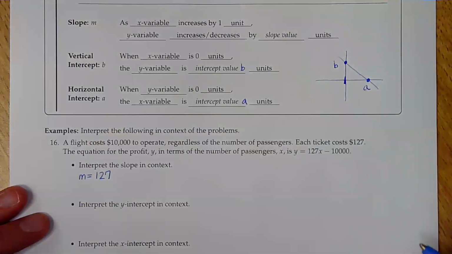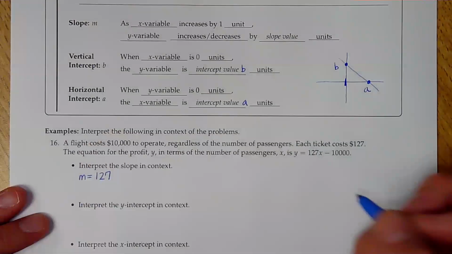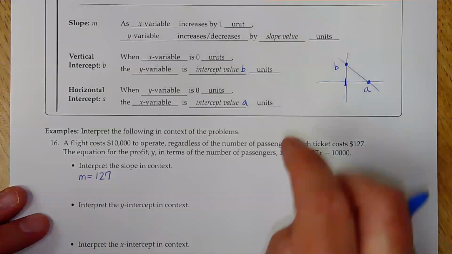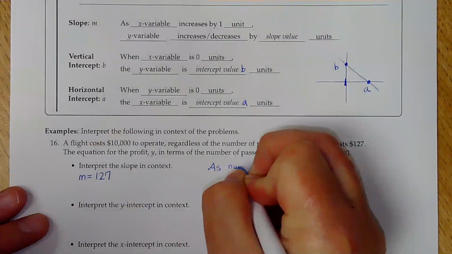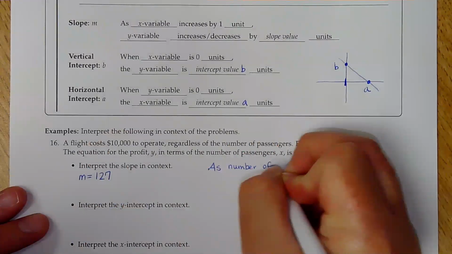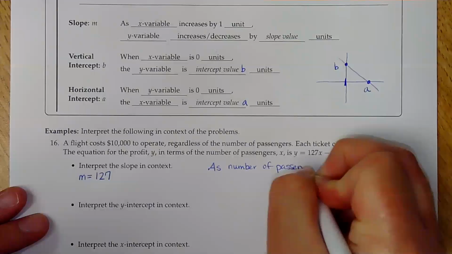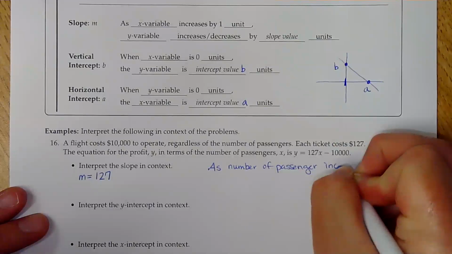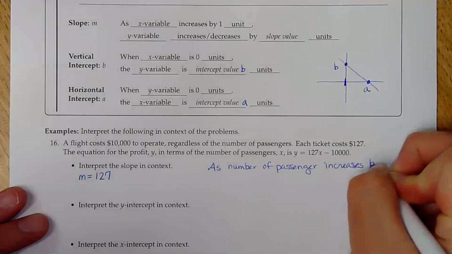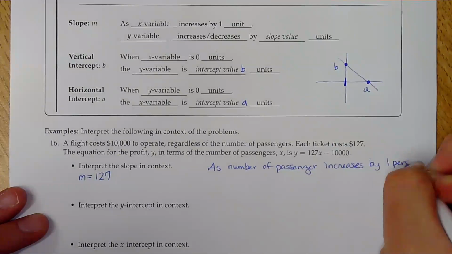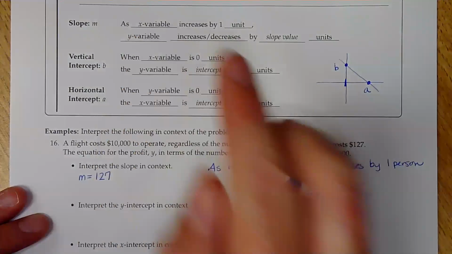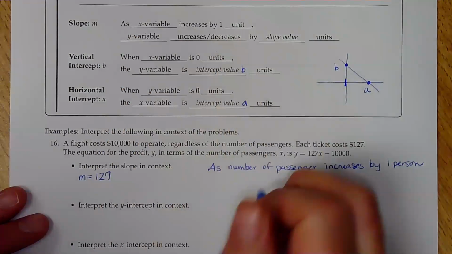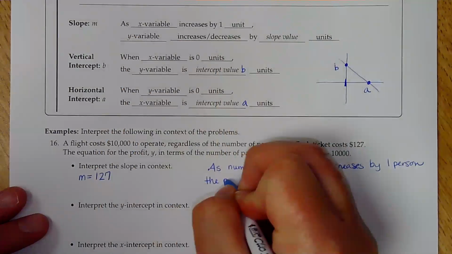All right, so our explanation here: as x, and x is our number of passengers, as the number of passengers increases by 1 person, okay, so increases by 1 unit, our y variable, so that would be our profit.